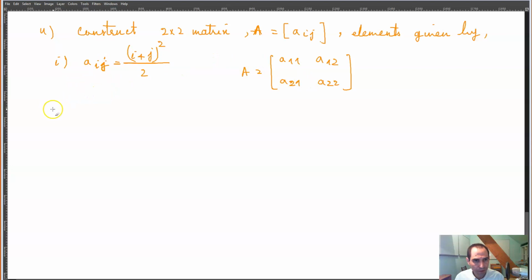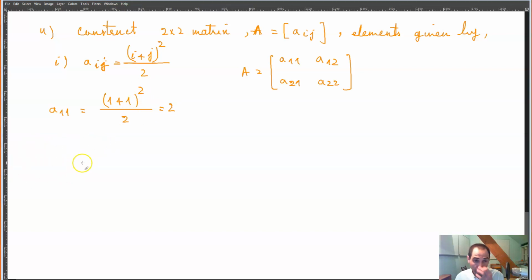So A of 1, 1 is equal to, so you have to calculate A of 1, 1 based on this relationship. When you write A of 1, 1, that means that your i is equal to 1 and your j is equal to 1, right? So therefore A of 1, 1 would be equal to 1 plus 1 raised to the second power divided by 2, which is 2 squared is 4, 4 divided by 2 is equal to 2, right?